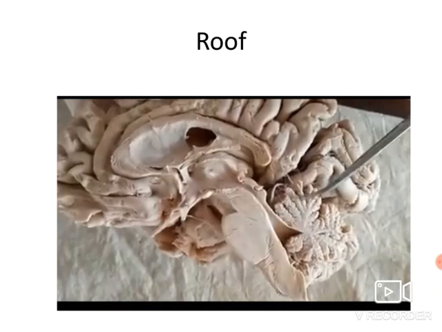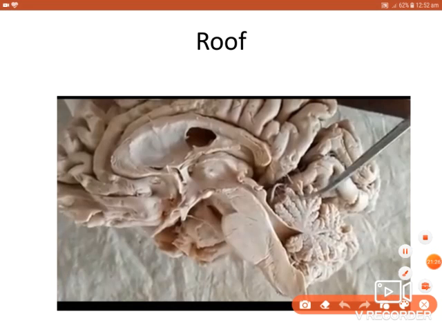Here, back to the sagittal view. This cavity of the hindbrain is called the fourth ventricle. Anteroinferiorly, the pons and upper part of the medulla form the floor. Posterosuperiorly, the superior medullary velum and inferior medullary velum form the roof.